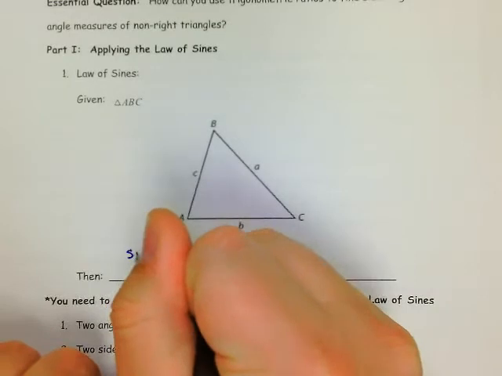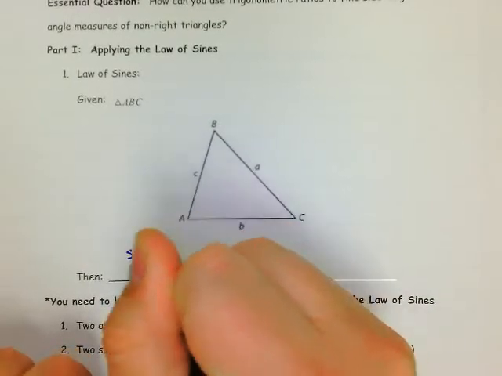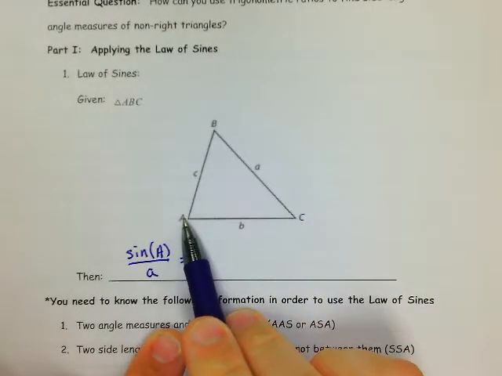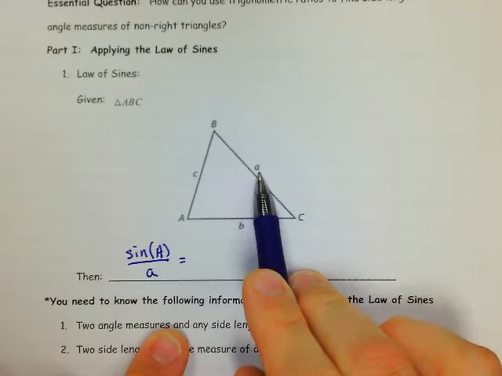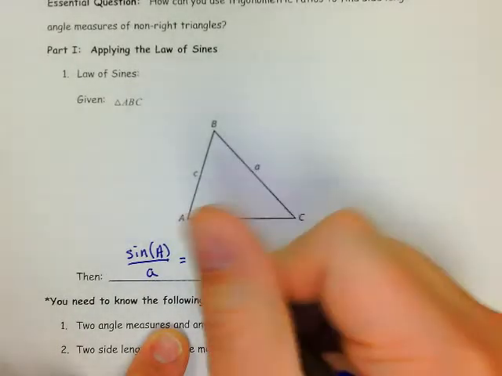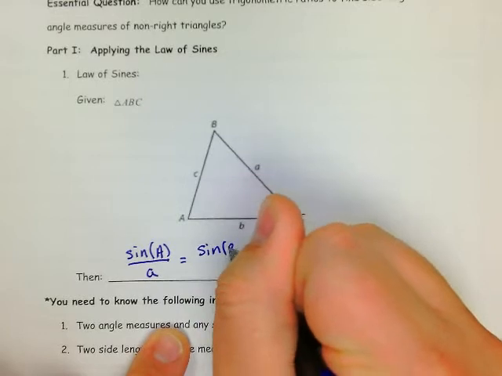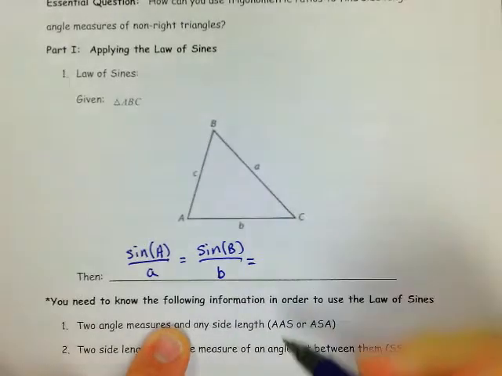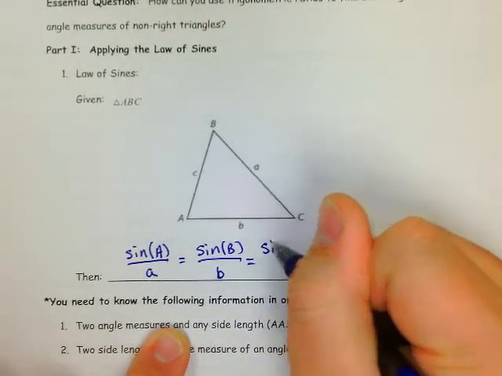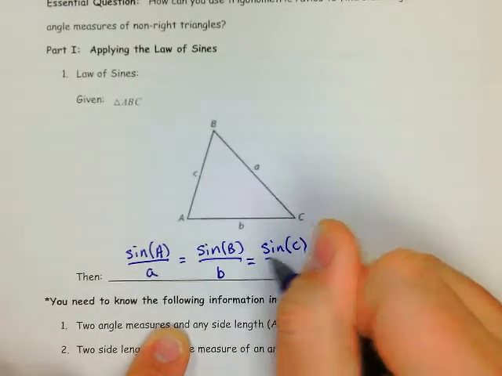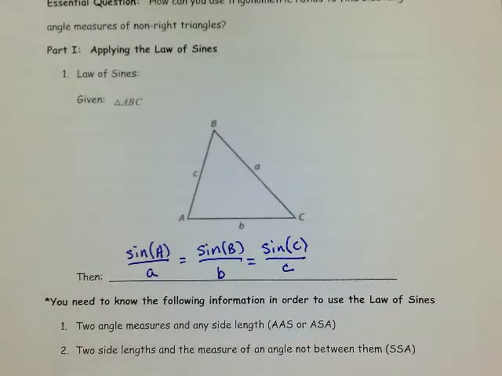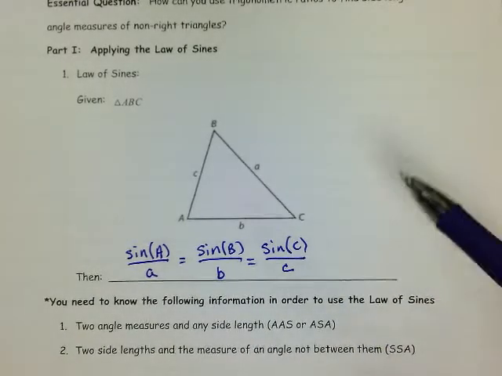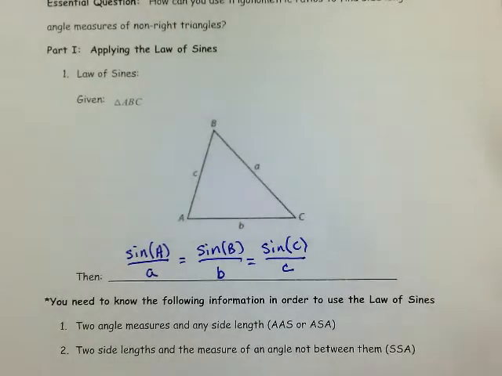So we'll say the sine of angle A is to its opposite side, A, as the sine of angle B is to its opposite side, lowercase b, as the sine of angle C is to its opposite side, lowercase c. And that will work on any triangle, regardless of angles, in three specific cases.